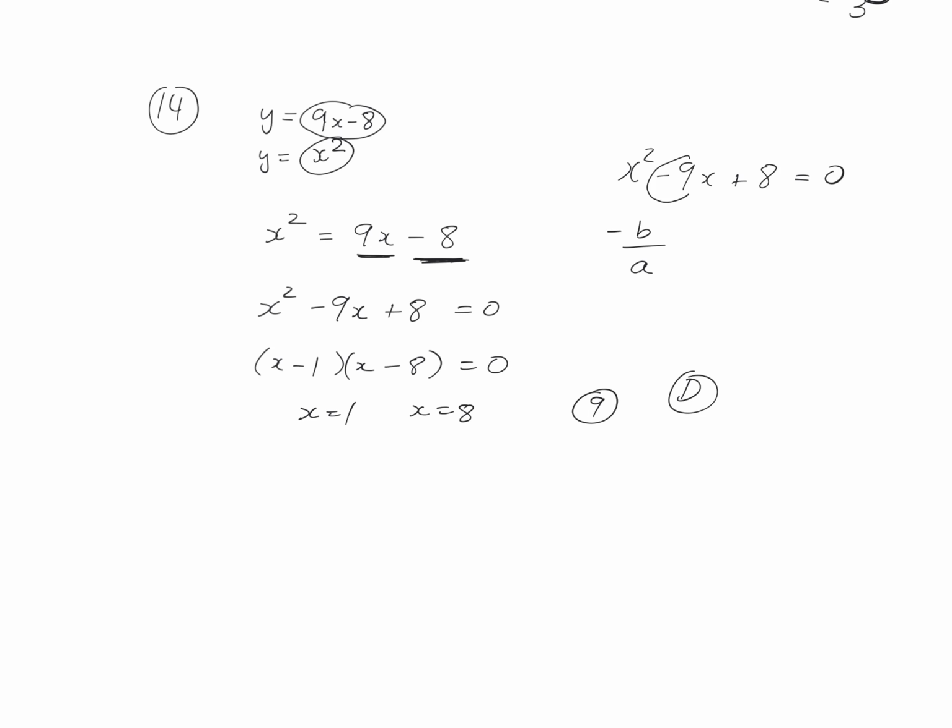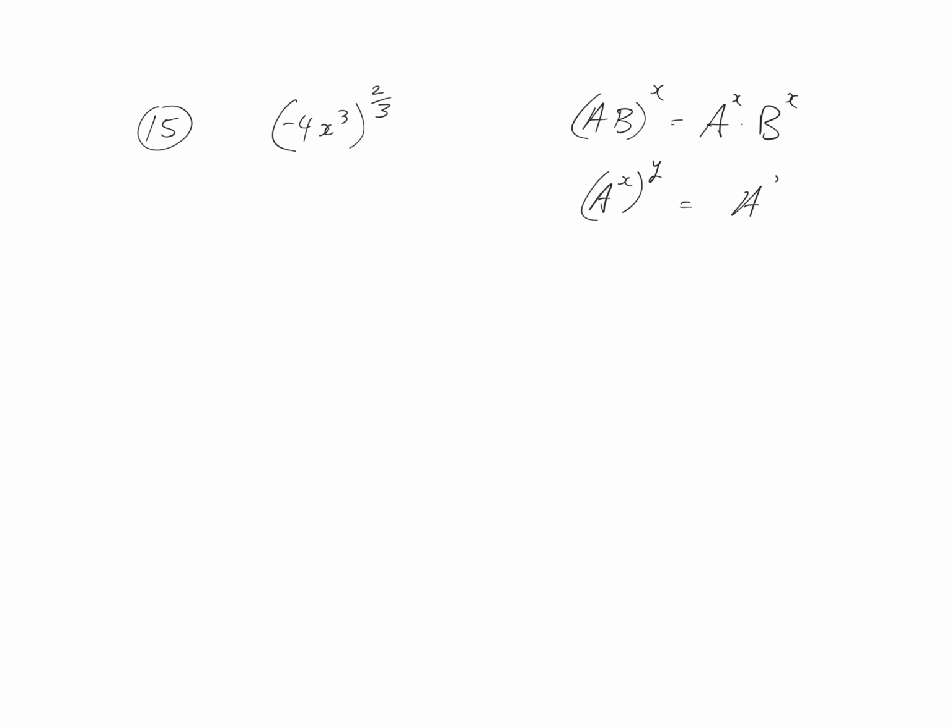So this is our b. So we'd have negative 9 over, and the unwritten 1 here is our a value. So over 1, and that would equal 9 over 1, which is 9. And this will work for the sum of the solutions of any quadratic function.